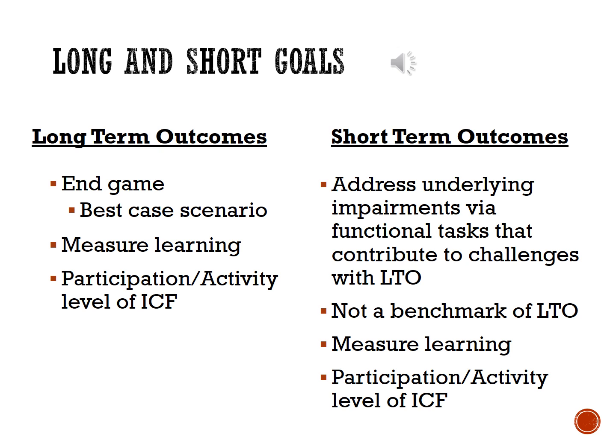But we're not looking to just make them smaller chunks or benchmarks of the long-term outcome. And this is a concept that we talked about in the fall with the pediatric population. So if you have a goal for ambulation for 150 feet, we're not looking for that short-term outcome to just be a smaller increment of that ambulation goal, so 75 feet or 50 feet.